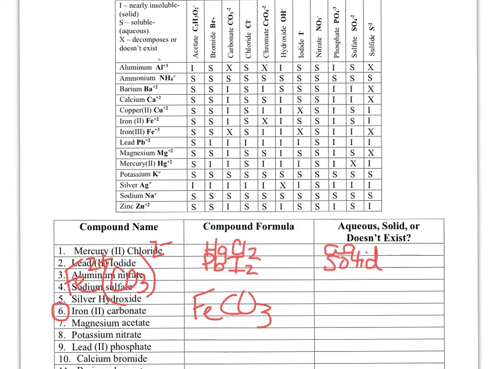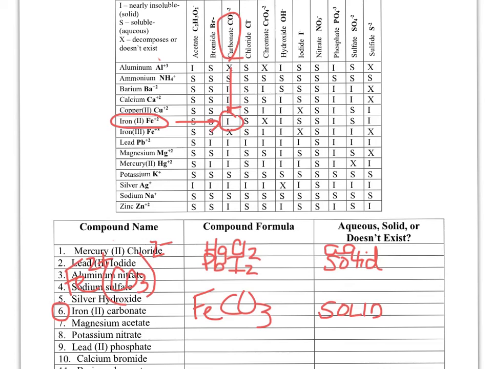Now, let's look at iron 2 on our chart and carbonate on our chart, and coming together, carbonate would be I for insoluble. Insoluble means that it doesn't dissolve, so that means in a liquid you would see it as a solid floating around or sitting on the bottom.